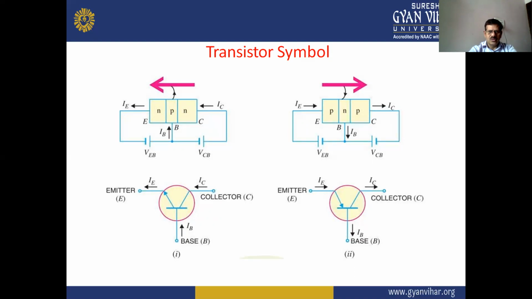There are also three terminals: emitter, base, and collector. So these are the different BJT or transistor symbols.